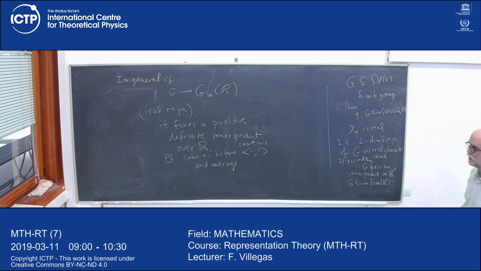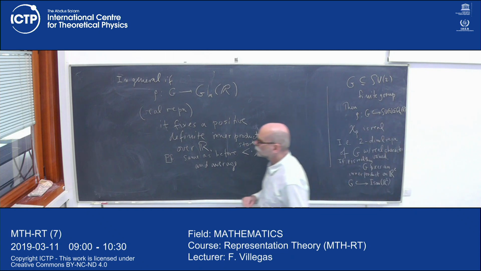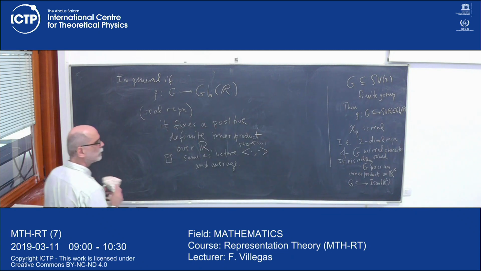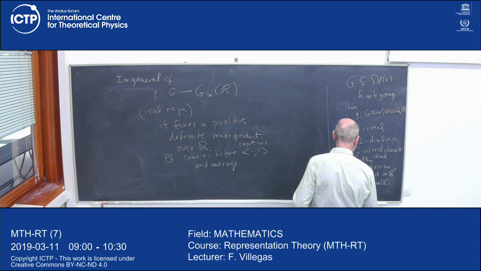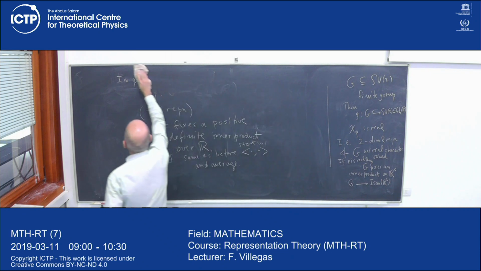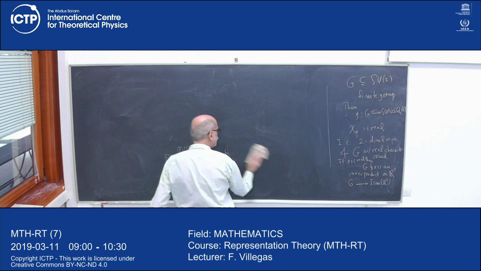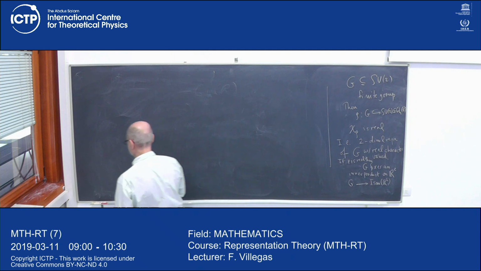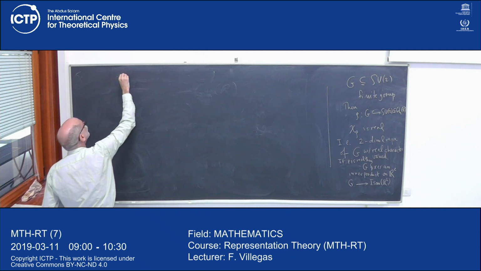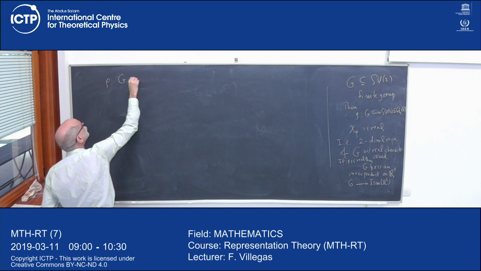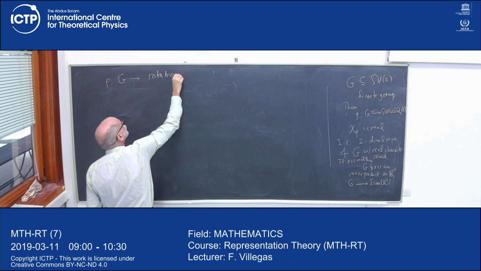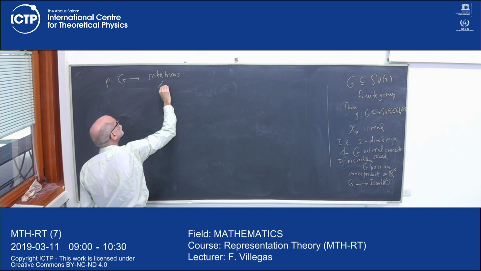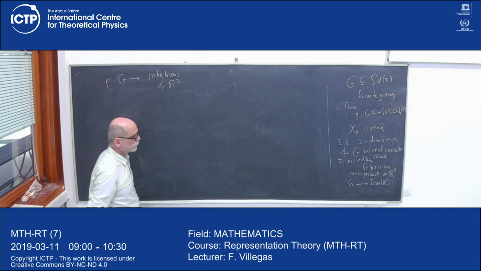But in fact, it has determinant 1, so G actually maps, well, maybe not injectively, it doesn't matter, G fixes the standard inner product after changing basis, and so G maps to rotations of R2, because the determinant is 1.